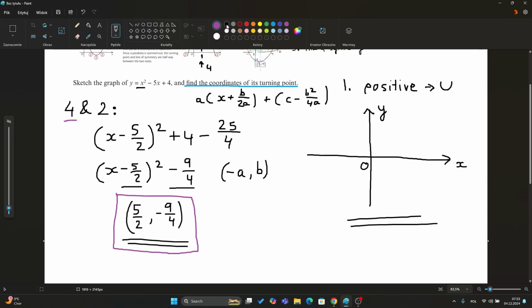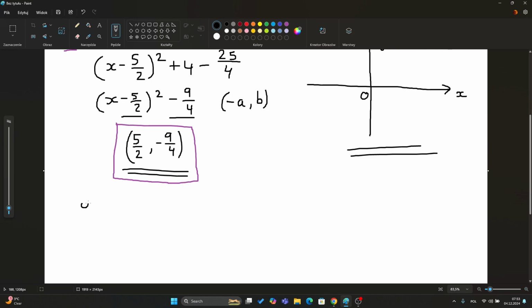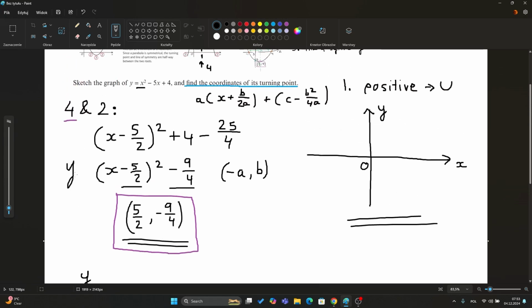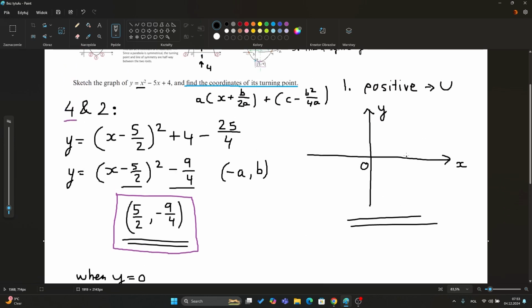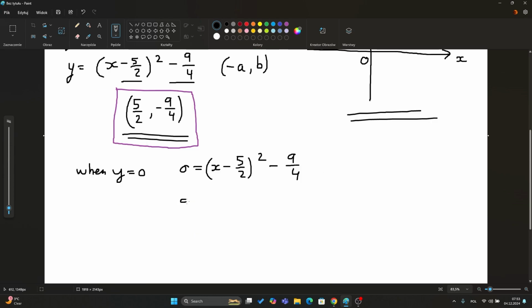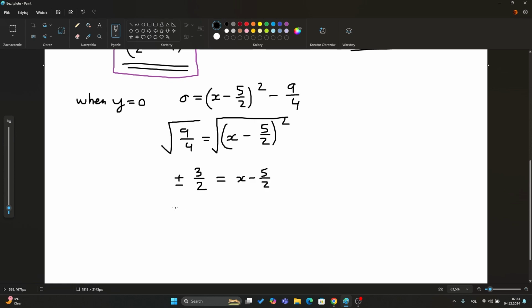Now we have to find the roots. So this is still y equals the following. When y equals 0, that is when the line is touching the x-axis, we add 9 over 4 on the other side, we square root both sides, and we add the 5/2 to both sides.